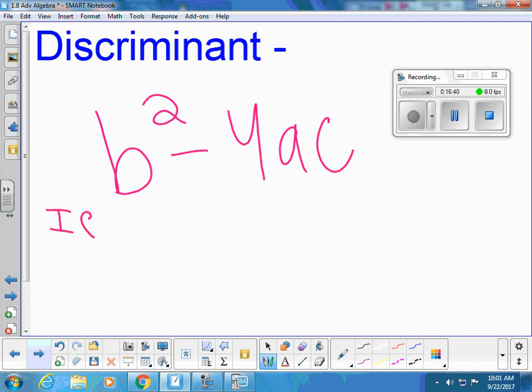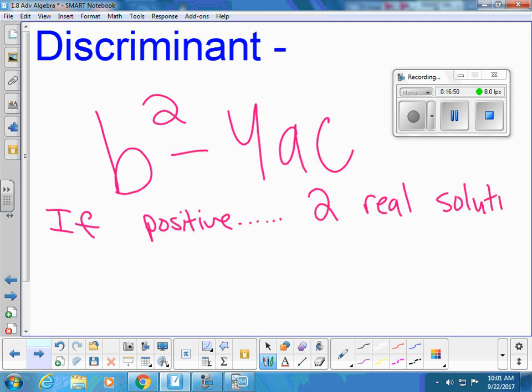If your discriminant is positive, then you'll have 2 real solutions. And we saw an example like that. If your discriminant is 0, then you'll only have 1 solution.